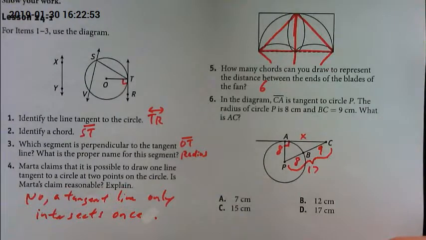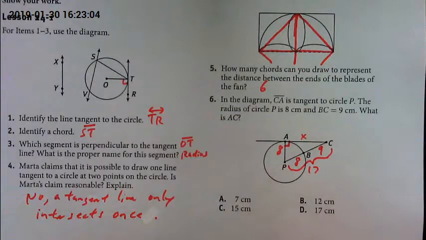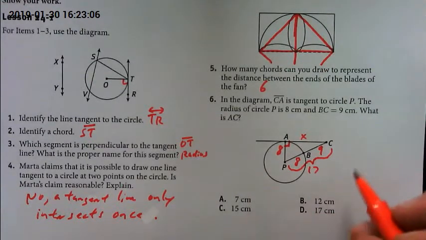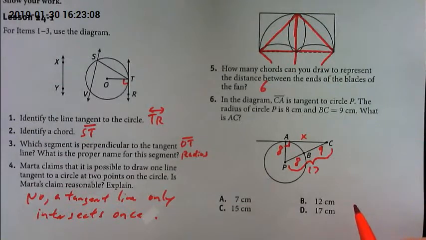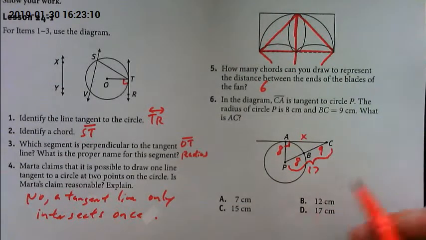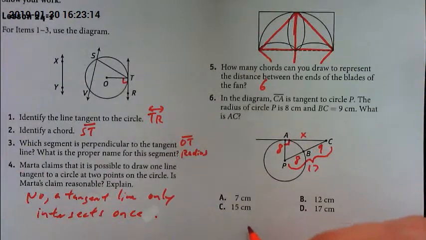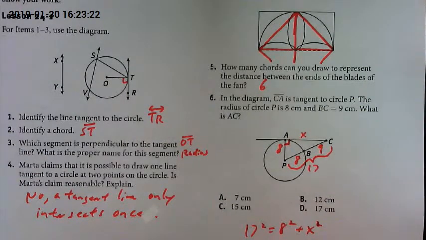17. Should be 8, blank, 17? Like I know my triples. I have a picture of the triples, right? We can use the Pythagorean theorem to figure that out. But I'm pretty sure that's a triple, isn't it? Isn't that 15? 8, 15, 17? Isn't that a triple? All right, let's plug it in to make sure. 17 squared equals 8 squared plus x squared. What's 17 squared?